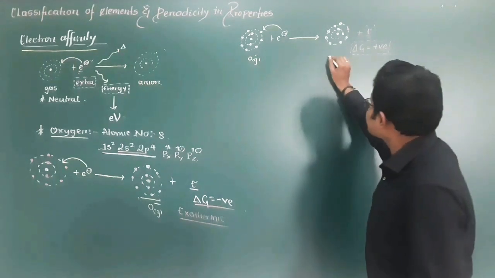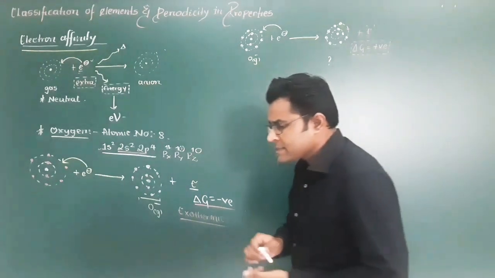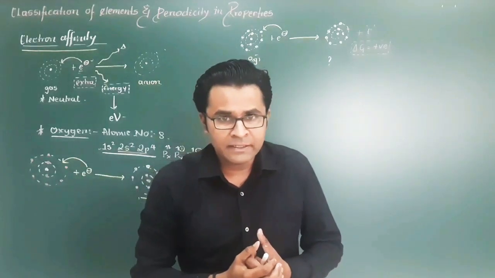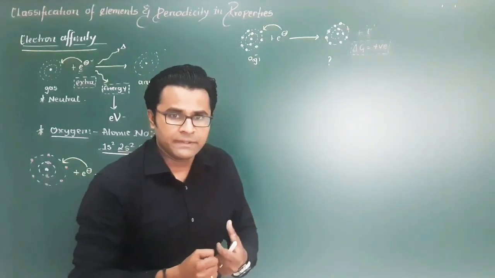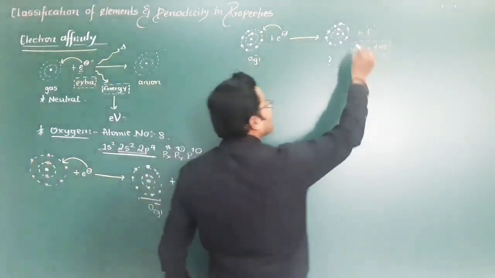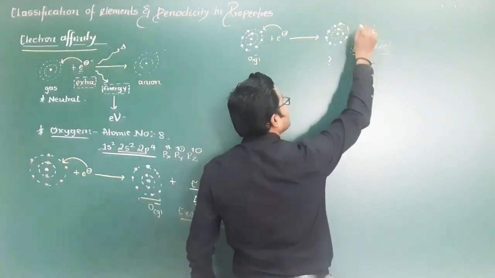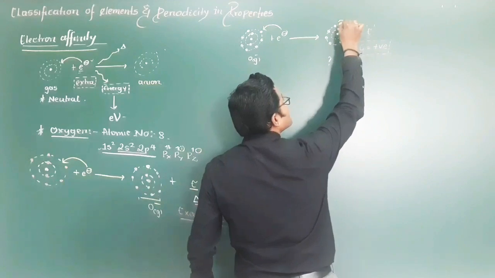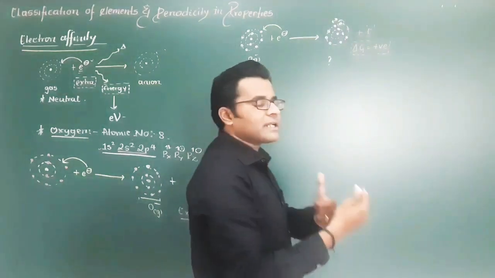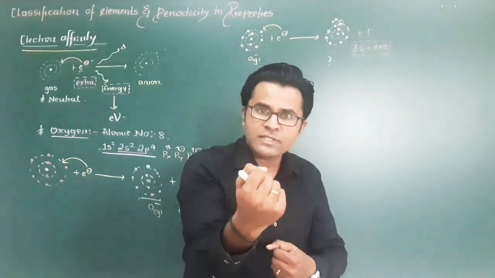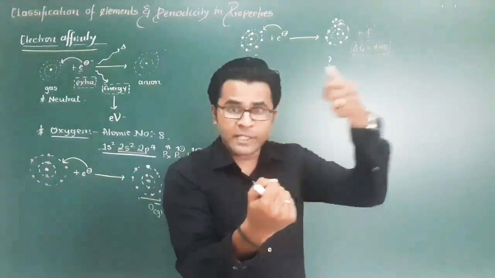The question that arises is, why in this case is the oxygen ion absorbing energy while in the first case it was giving out energy? We need to understand that when we add an extra electron, it causes electron-electron repulsions. It has started to cause a repulsion because of the negatively charged electrons and the electrons already present in the oxygen atom.